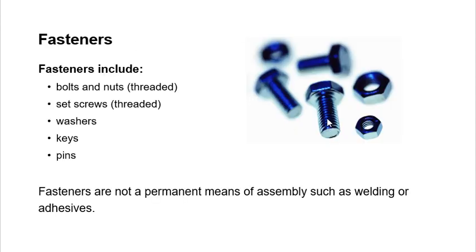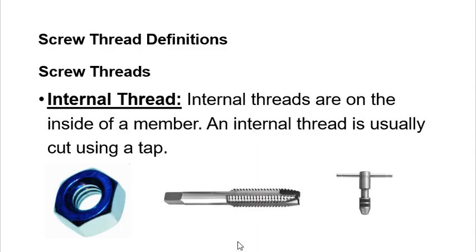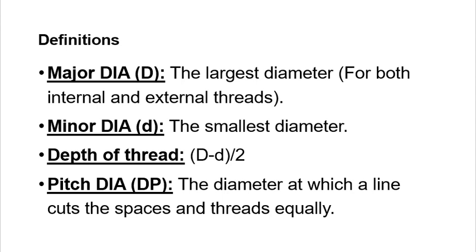If you go back here, you have a major diameter and then the minor diameter, so you can see the thread. We're talking about this little length right there as the depth of the thread. Since this is a 3D picture, it's a little bit difficult to see, but you got the idea.